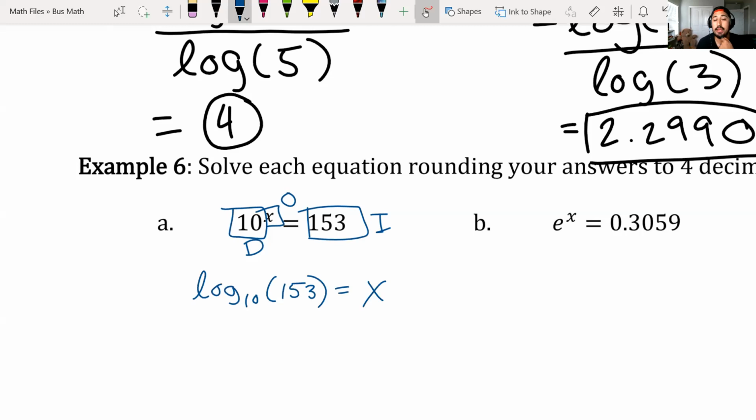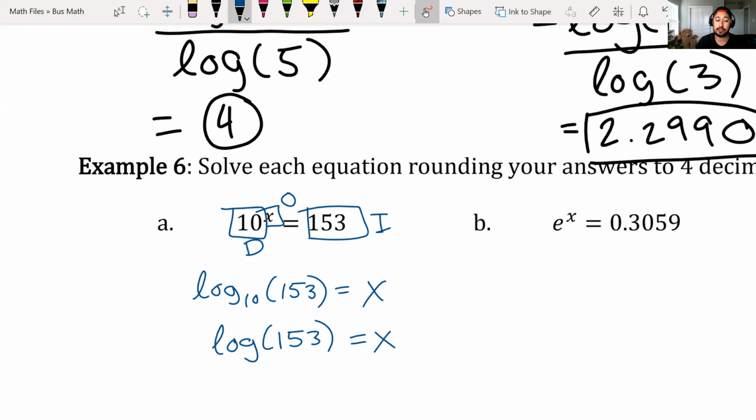Okay, and now all we have to do is compute this. Actually, we don't even have to use change of base, because since this is log base 10, I can rewrite it as the log of 153 equal to x. No change of base needed because this is the common logarithm.